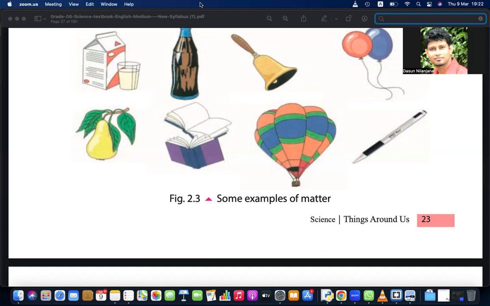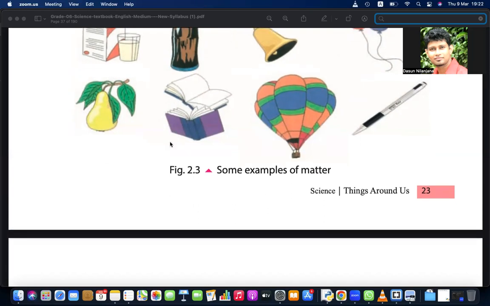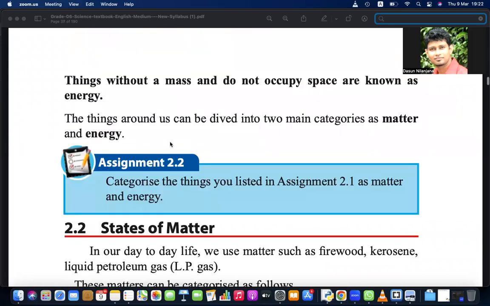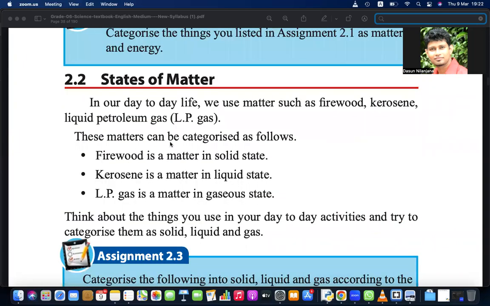Light, sound. Electricity, current. Light, sound, electricity. These are examples for energy. Okay, magnetic field, one more, magnetic energy.